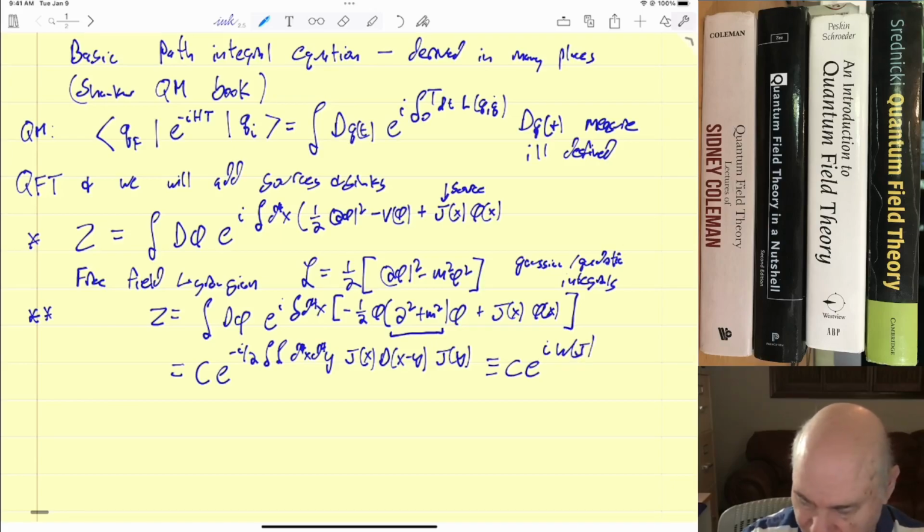Now I said most quantum field theory books, I believe, use Z and W. So one or two of them actually reverse this. You call this W and call this Z, but you'll see that right away.